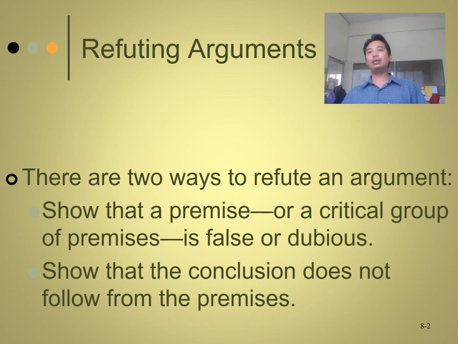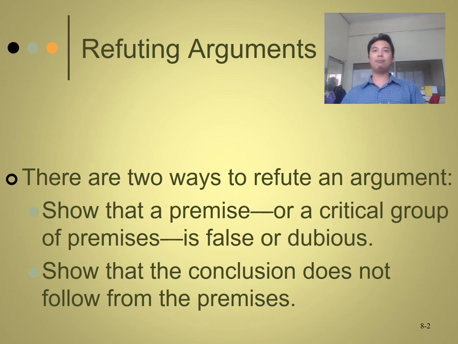Okay, so for the first part of refuting arguments, we are going to look into how to do it from the premise side. When we mention premise, as I mentioned before, it might be one premise or it might be more than one premise in order for you to come up with a piece of argument, right?